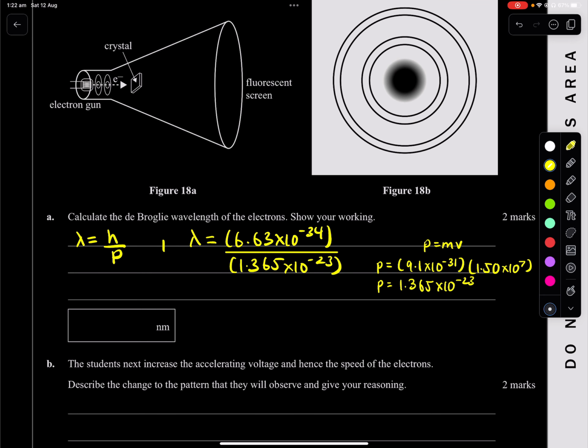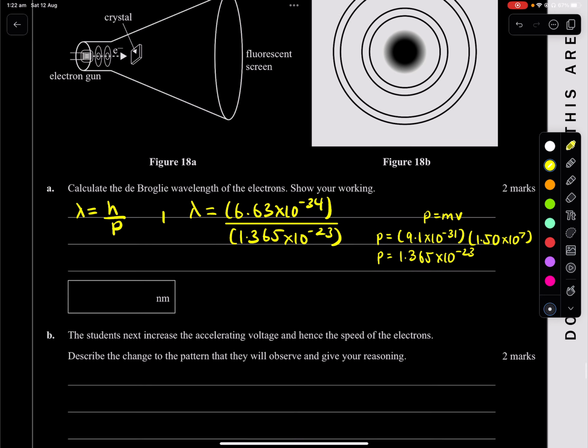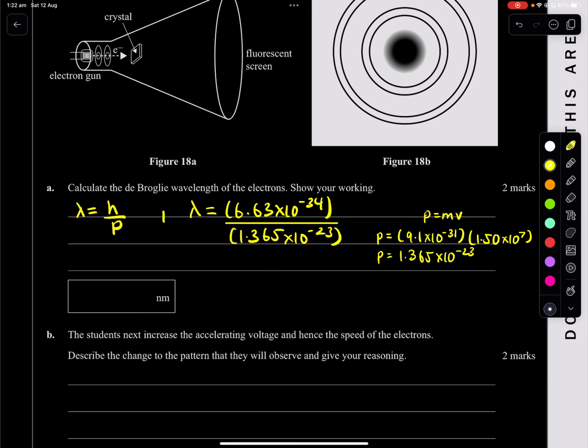Doing this, let's check what we get. 6.63 times 10 to the negative 34 divided by that, and we get 4.85 and so on. So the wavelength is equal to 4.85 times 10 to the negative 11.